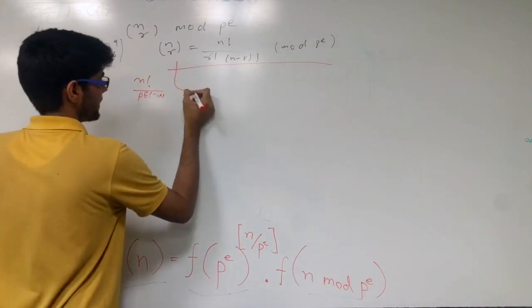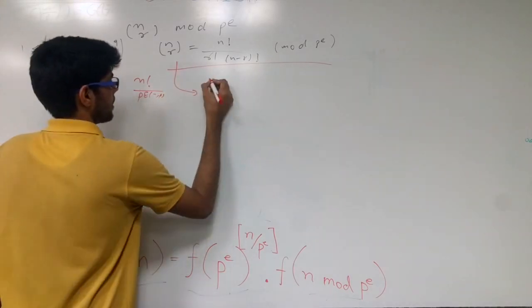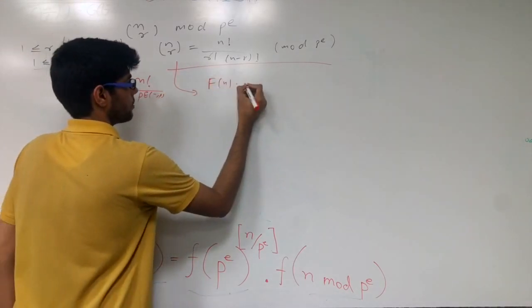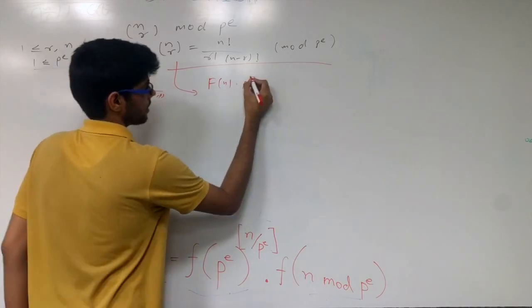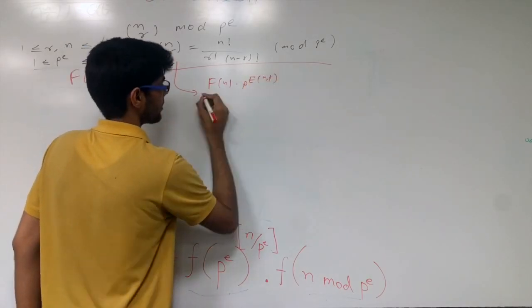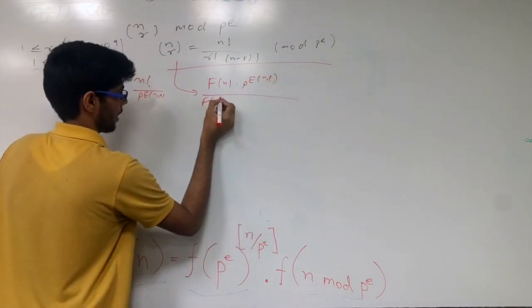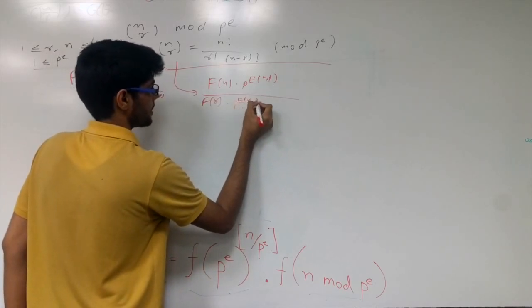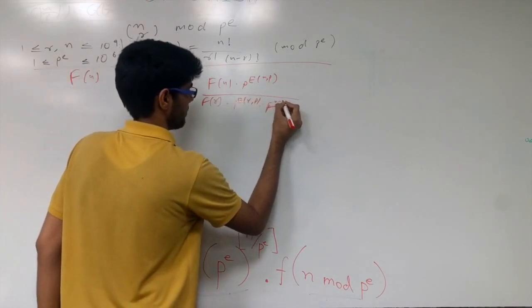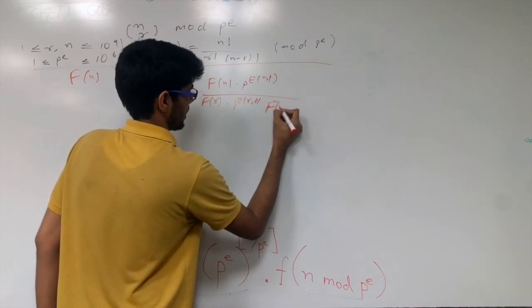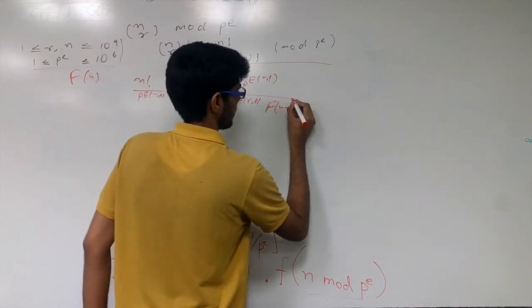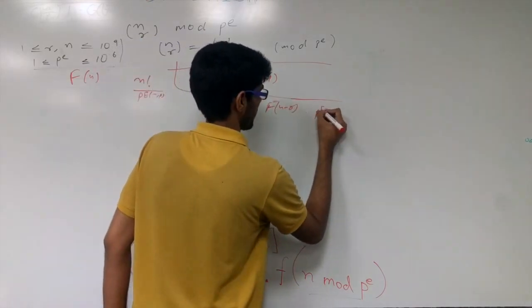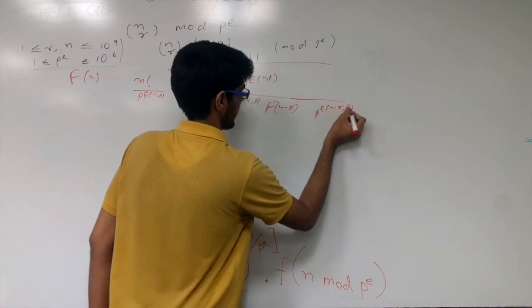So we can write this as f of n into p to the power e(n, p) divided by f of r into p to the power e(r, p) into f of n minus r into p to the power e(n minus r, p), right?